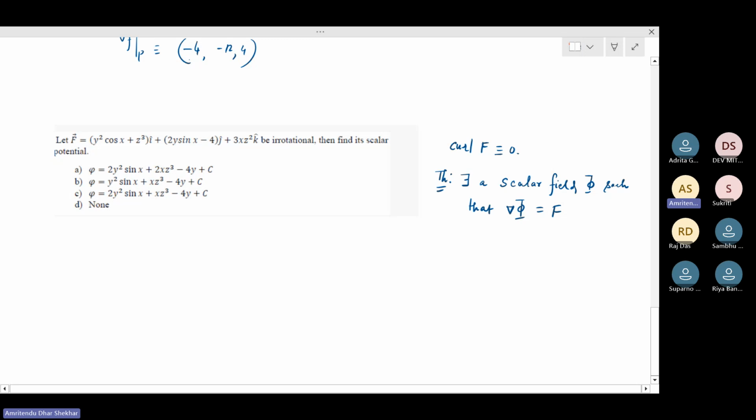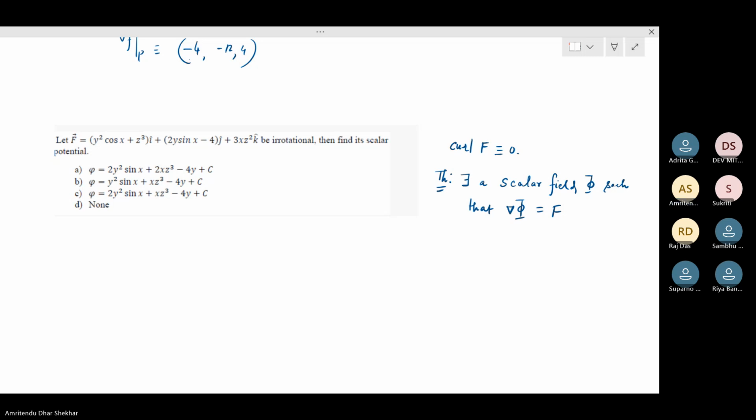In other words, if you give me a vector field for which curl of f is equal to 0, then I can realize this vector field as a gradient of some scalar field.